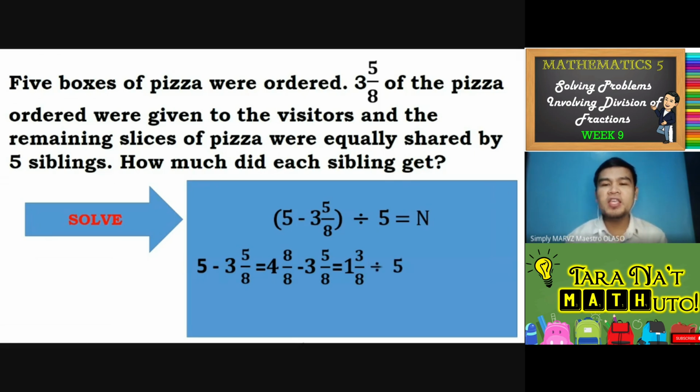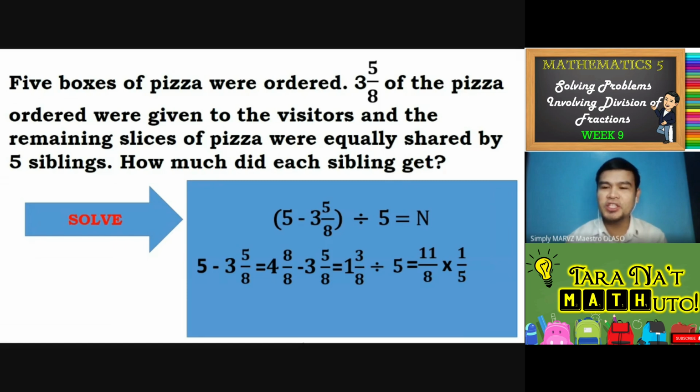Now, by dividing into 5 siblings, 1 and 3/8 divided by 5. Let us now use the CCF method. Copy 1 and 3/8. Di ba, since ang dividend natin ay isang mixed, gawin nating improper by multiplying 8 times 1 plus 3, kaya naging 11, copy 8, kaya 11/8. Then, change the operation to multiplication.